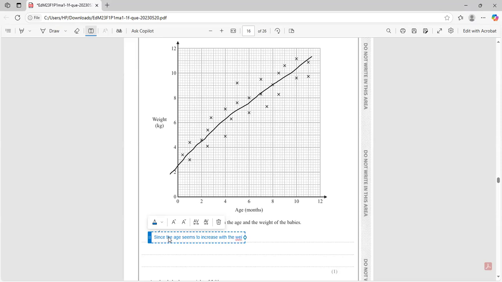Anyway, you understand what I'm saying, right? Yes. We can say that age is directly proportional to the weight.